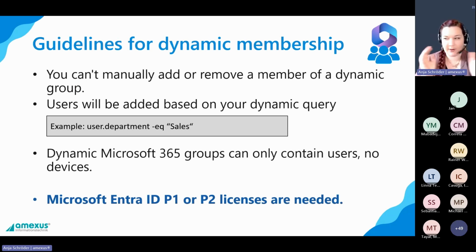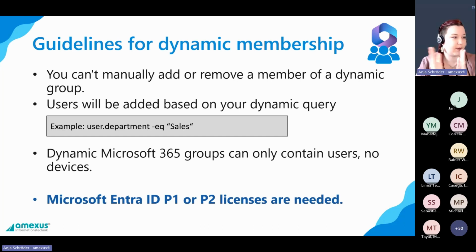When you think about all that, and maybe decide for a dynamic membership, you also have to think about these things. When you decide for a dynamic membership, you can't add users manually, because you chose a dynamic query, and based on this query, members will be added automatically.